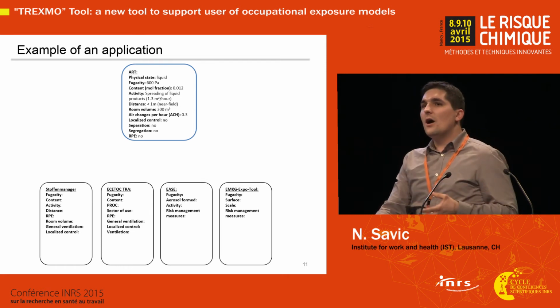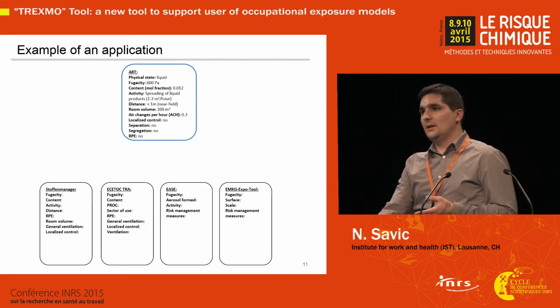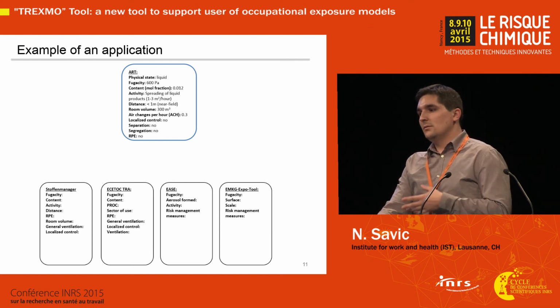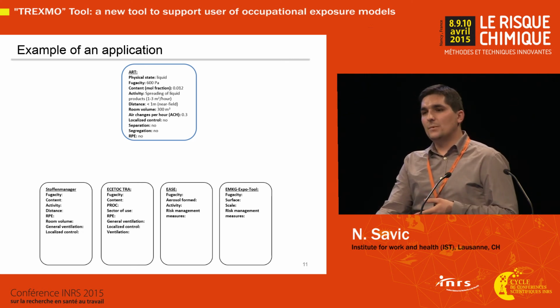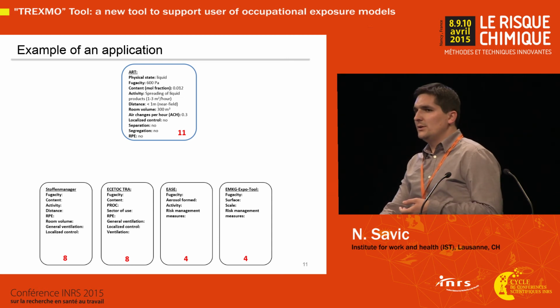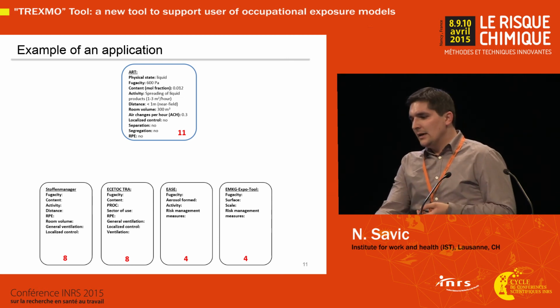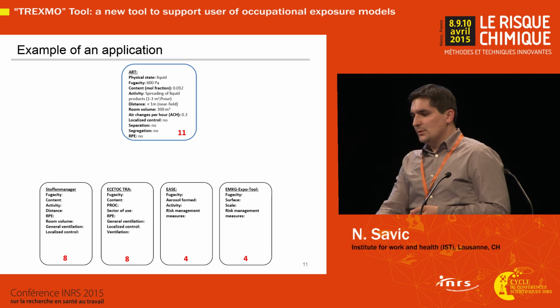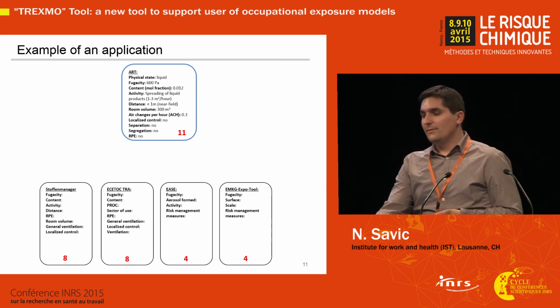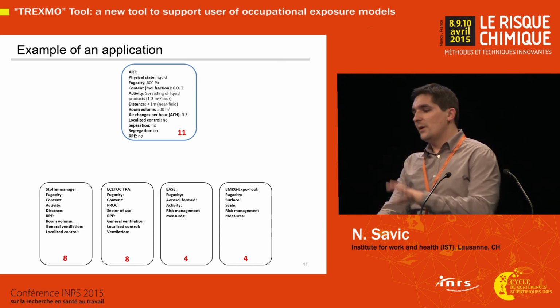So you can imagine how many coding mistakes can be made by a common user who has very poor experience in using exposure models if he has to make in total 35 decisions in these 5 models.